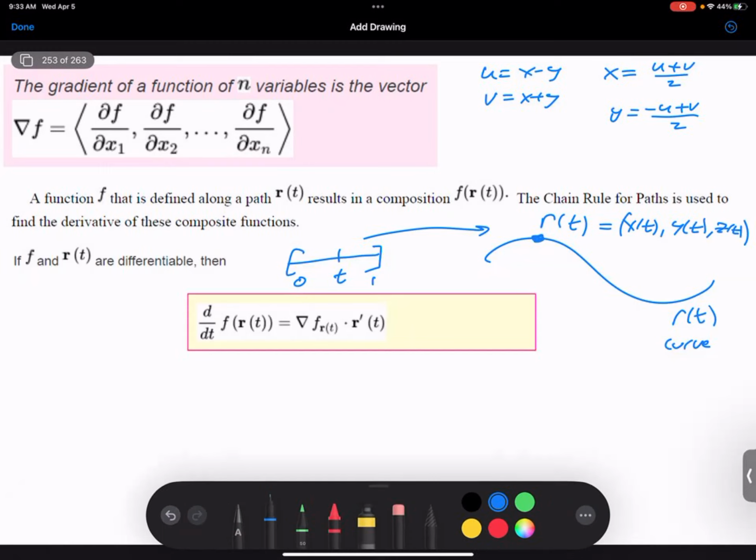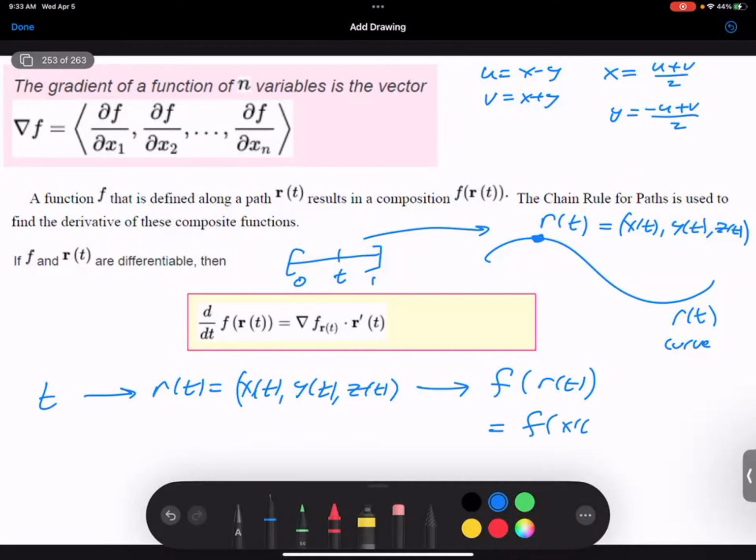So you give me a t. I then go to an r of t, which maybe is x of t, y of t, z of t. And then I go from that to f at r of t, which is going to be f of x of t, y of t, z of t.